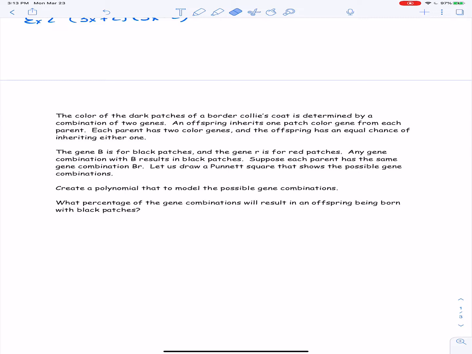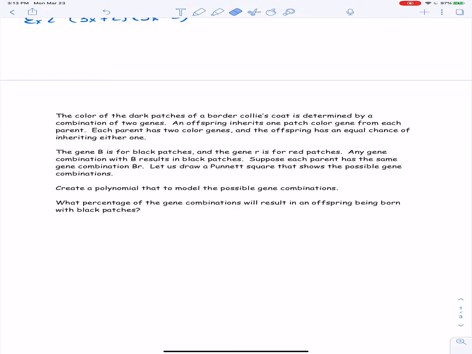The color of dark patches of a border collie coat is determined by the combination of two genes. An offspring inherits one patch color gene from each parent, and each parent has two color genes, and the offspring has equal chances of inheriting either one. The gene B, with a capital letter B, is for the black patches on the dog, and the gene lowercase r is for red patches.